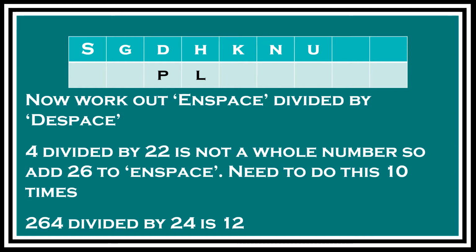4 divided by 22 is not a whole number, so we need to add 26 to N space. So if we add 26, we get 30, divide that by 22, not a whole number.